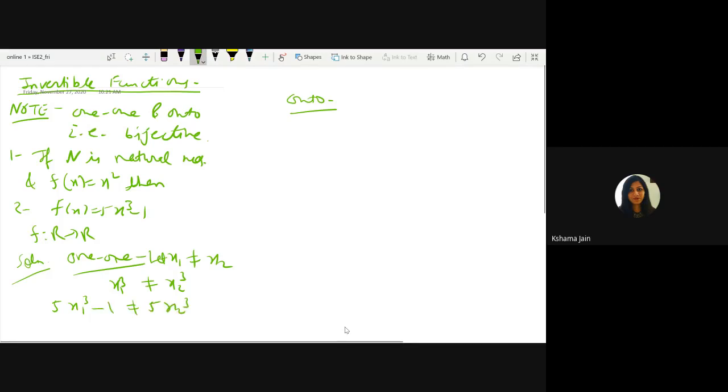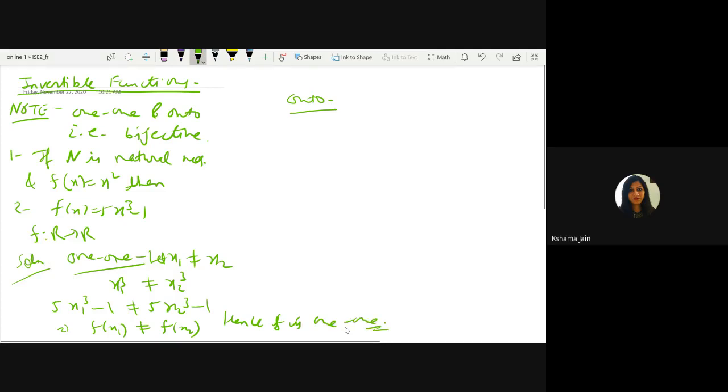I am trying to convert it into f(x). So f(x1) is not equal to f(x2): for different elements we have different images. Hence f is 1-1.